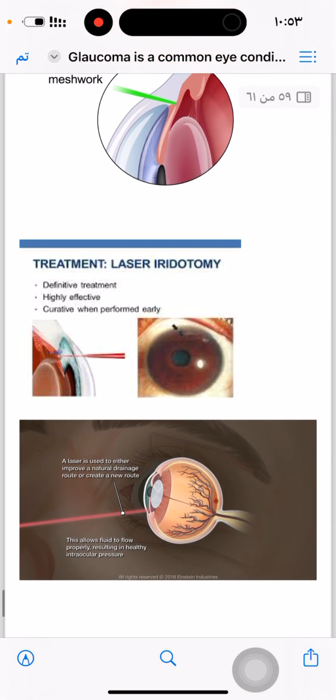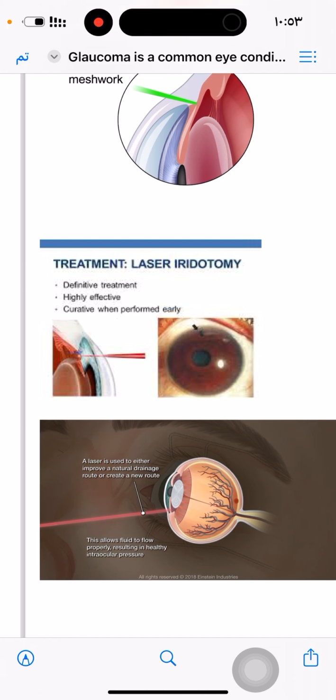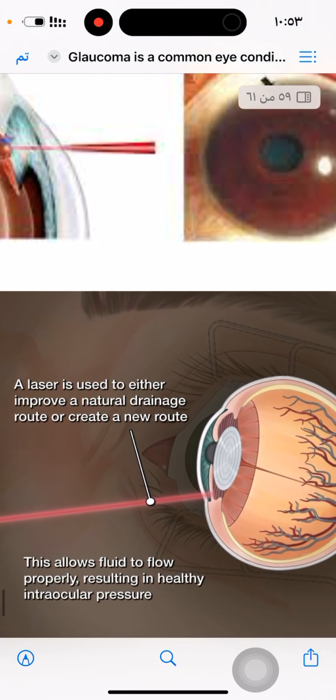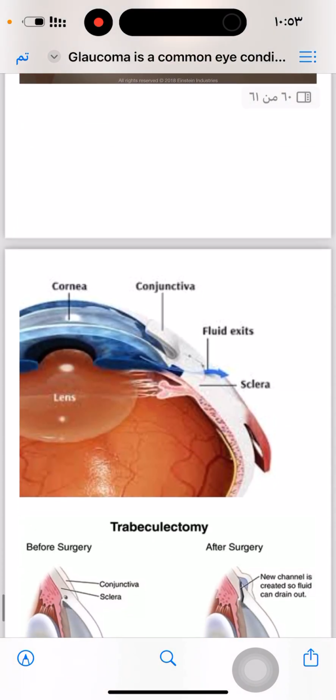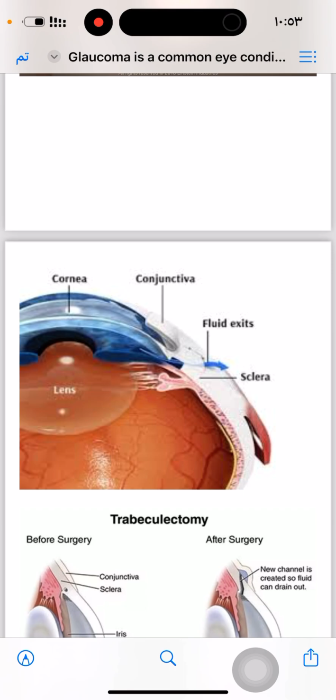Laser iridotomy is a definite treatment, highly effective, more than another surgery, curative when performed early. When we apply laser to this angle, it improves the drainage route or creates a new route. This allows fluid to flow properly without raising intraocular pressure. So, treatment of glaucoma is based on correcting increased intraocular pressure.